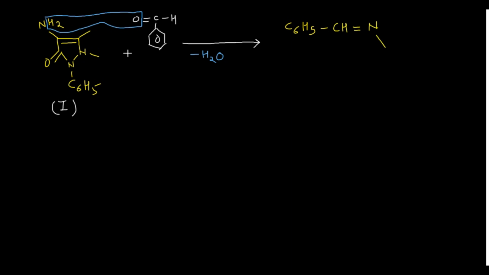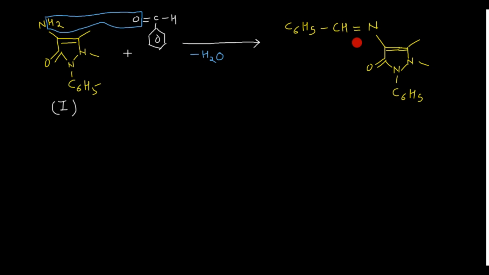Then this is connected with this system, which has a double bond here, nitrogen here, and then another nitrogen here, with a methyl substitution here and another methyl substitution here, and the system already has C6H5. So you have only fused this system onto this nitrogen atom after the removal of the water molecule.